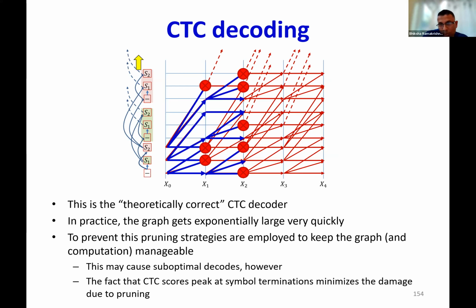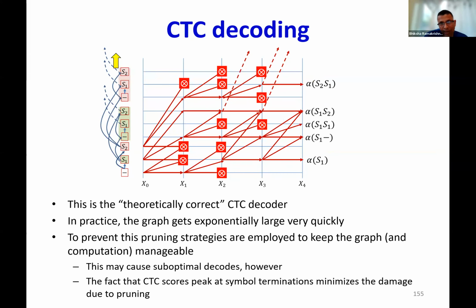And so this is what we will do. And then when you're done, you're going to have performed this computation. At the final time instant, you can just consider all of them, right? There's no need to prune. And so you're going to have all of these alphas over here. And then if you want to compute the score for S1, you actually have to sum the scores for S1 blank and S1, because the final blank is invisible, right?